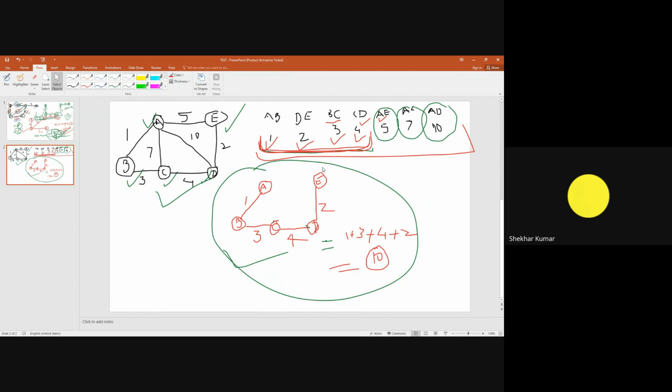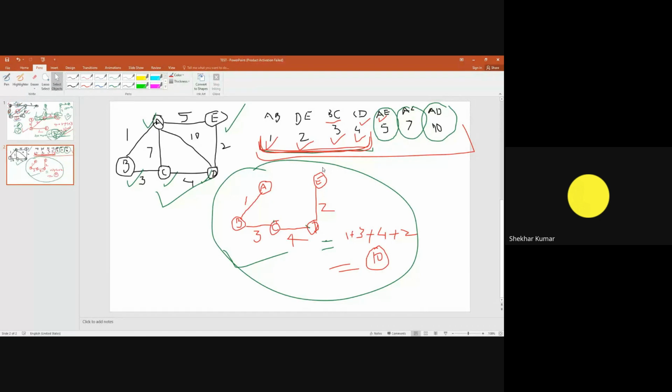There is only one source, and I will cover all the vertices, all the nodes, with minimum cost. So it is a type of greedy algorithm that only works on a weighted graph. And there is one constraint in Dijkstra's algorithm, that the graph must have positive weights.